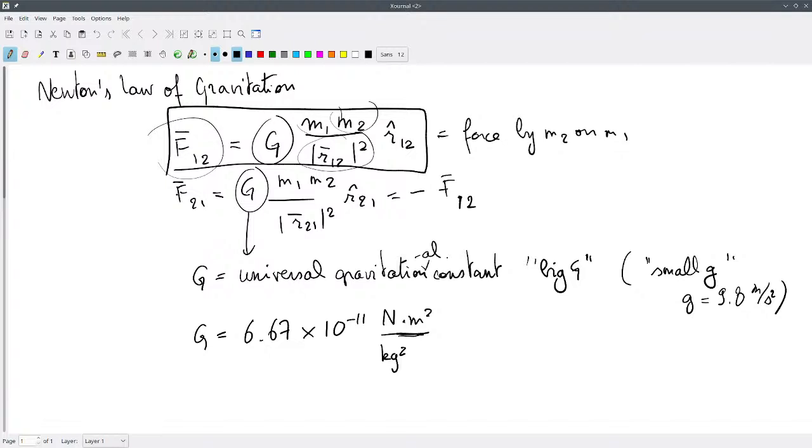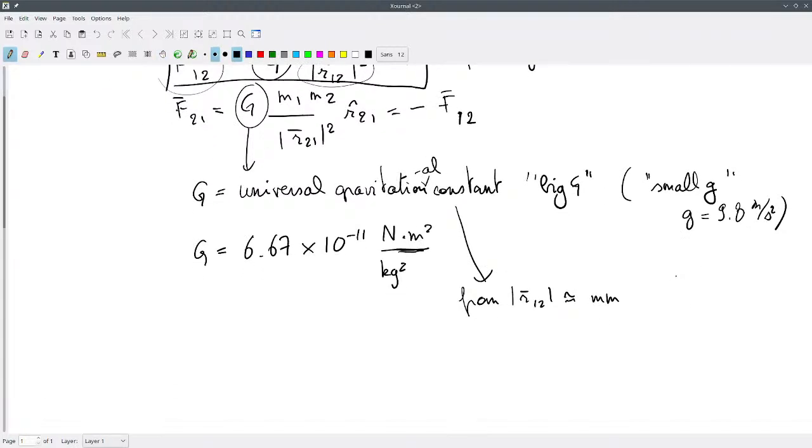Well, according to everything we've been able to measure, this gravitational constant describes gravitational attraction from distances r12 on the order of millimeters all the way up to light years and millions of light years, or at least thousands of light years between the different masses.